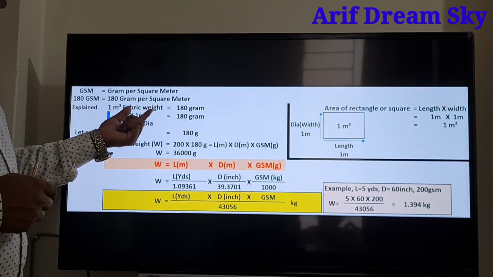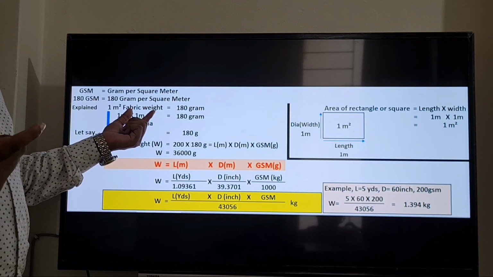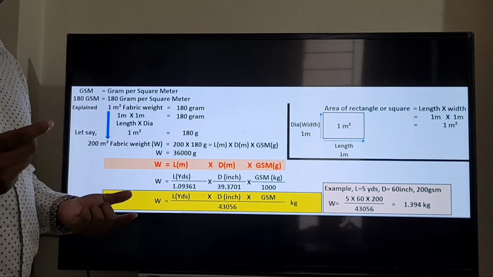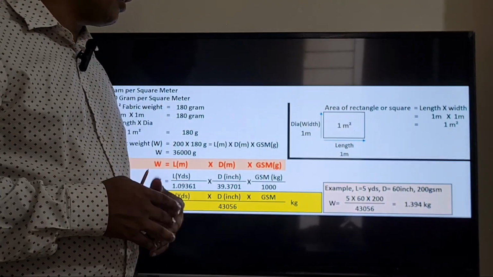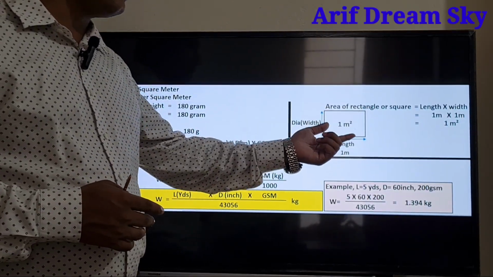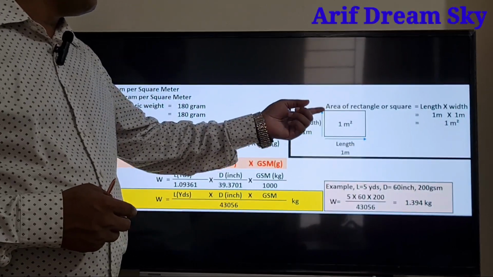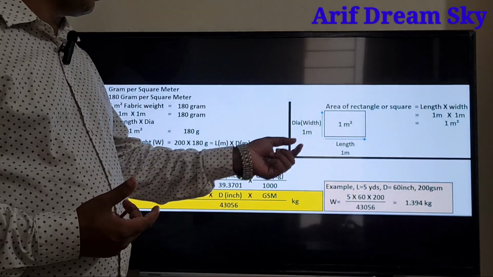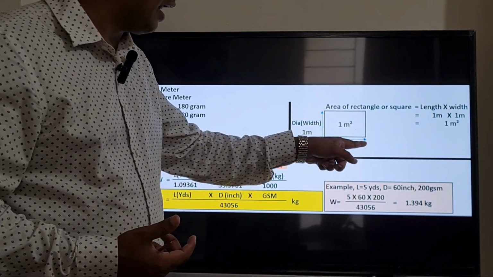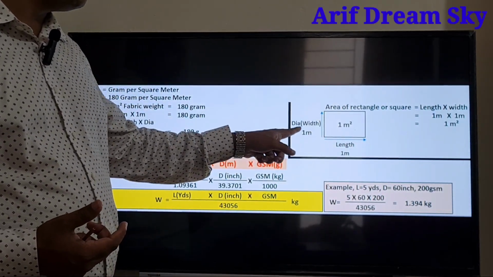And how can we define this 1 meter square? It is actually an area. In our student life we also learned that for a rectangle, area is length into width. So let's presume this is the fabric, this is the fabric length, and beside it is the fabric dia.